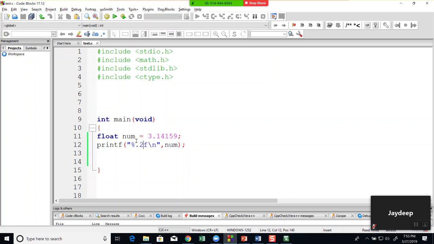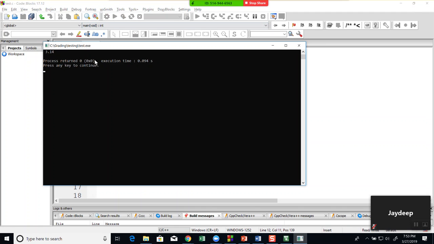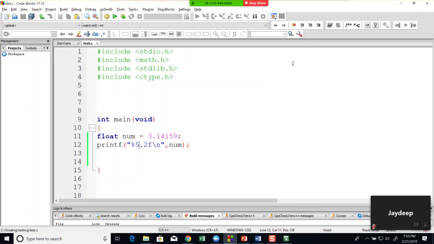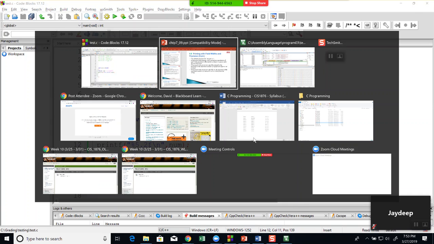You could put a number in front of there, like 5. And so then I run it. And you can't really see it very well, but there's an extra space in front of there to account for that, indicating as 5. So just different ways you can format numbers.